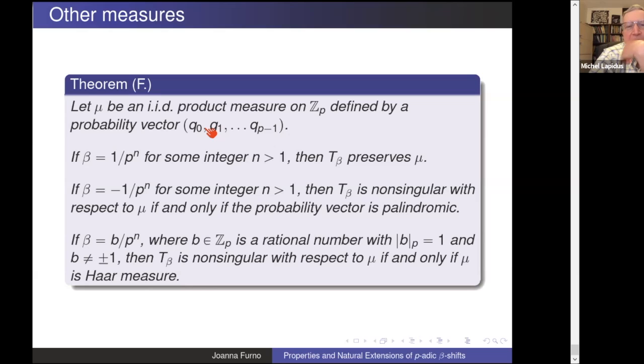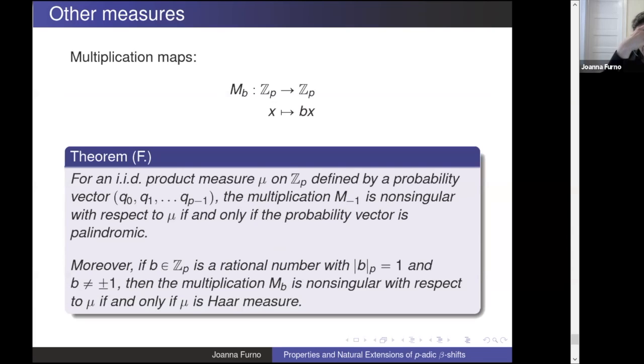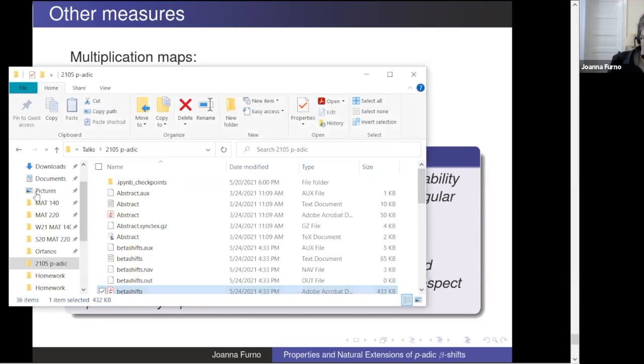But could you give an idea, intuition of why the palindromic condition is necessary and sufficient for singularity? I can't remember exactly. There's some relationship between the multiplication and the addition map when you're working with -1. Can I remember exactly how that went?